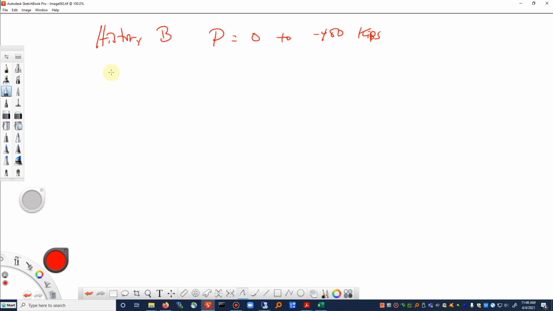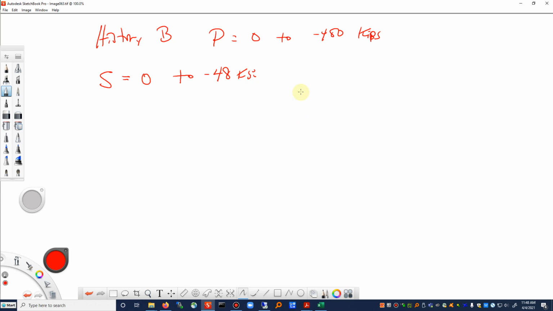So our nominal stress S, if we remember how that worked, is going to be from 0 to, actually, minus 48 KSI.